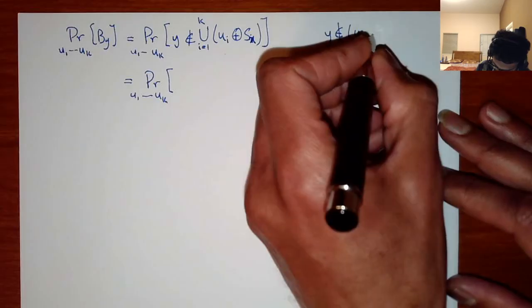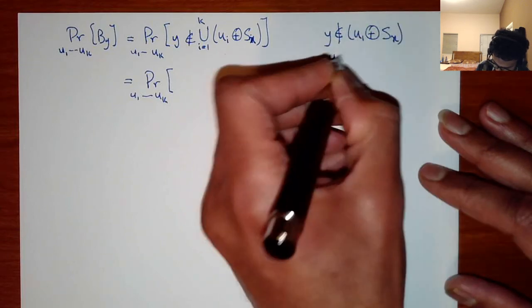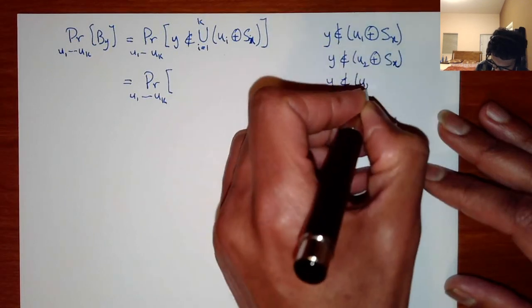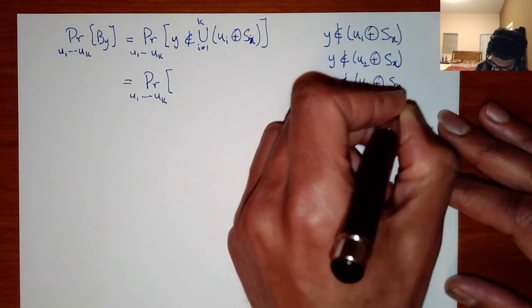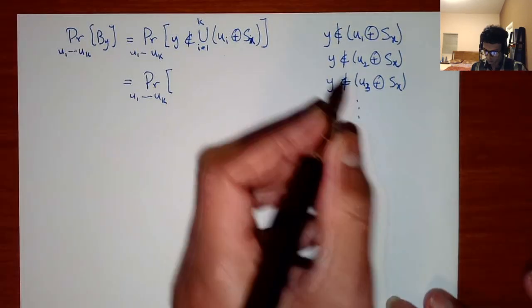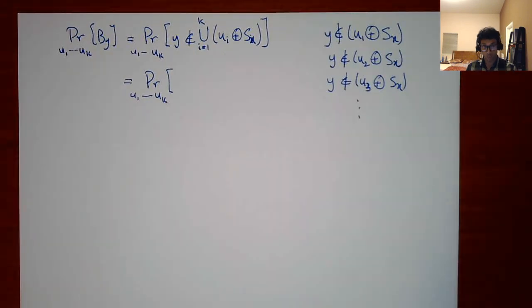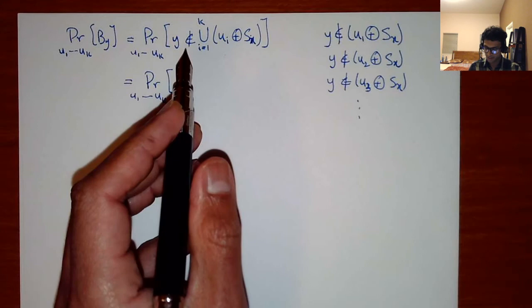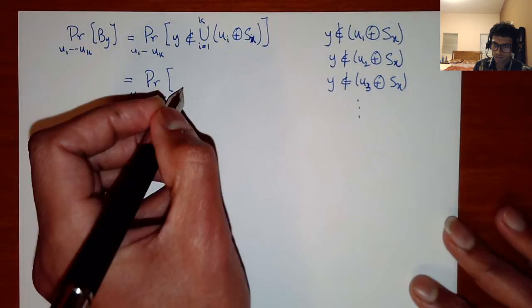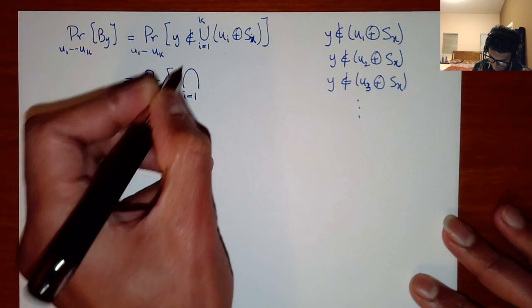So we want y not to be in the shift of u1, y not in the shift of u2, y not in the shift of u3, and so on and so forth. We want all these events to happen, not just one of them, because if y is not present in the union, it is not present in any of the sets. So we actually want the intersection of all of these events.